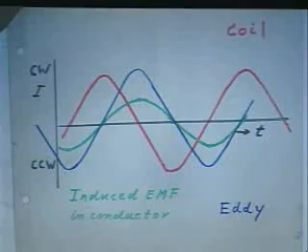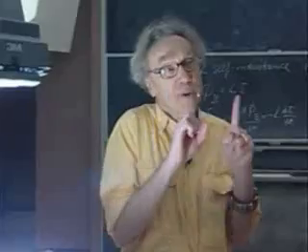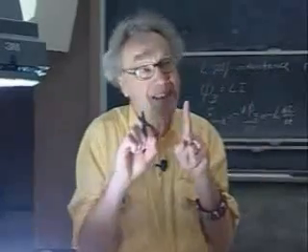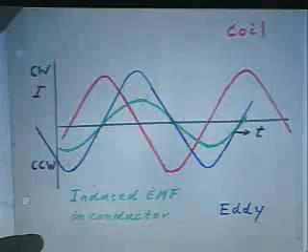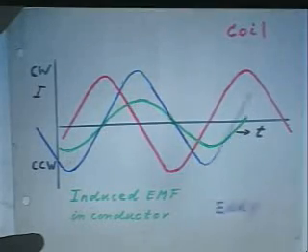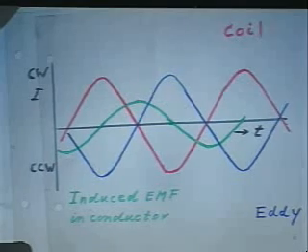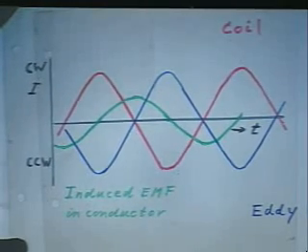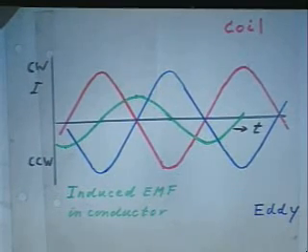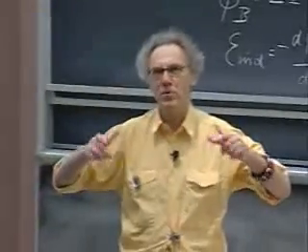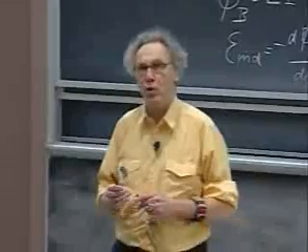But now, if I have a phase delay so that the induced current comes later than the EMF, and I'm going to do something dramatic, I'm going to shift it by 90 degrees, so the current is now 90 degrees delayed relative to the induced EMF. Look now that the red curve and the blue curve are always in opposite direction. And so now there's 100% of the time a repelling force. The coil repels the conductor, and the conductor repels the coil.